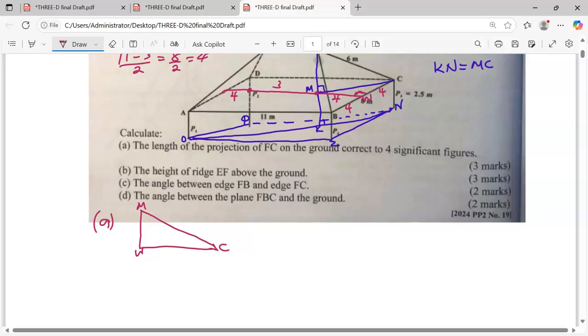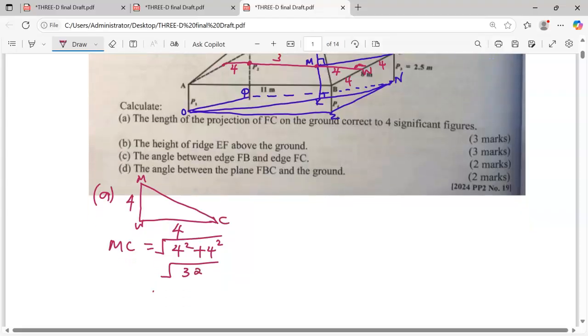Having done that, we are going to have CW as 4 and MW as 4, such that to get MC is going to be equal to the square root of the height squared plus the base squared, giving us a total of 16 plus 16 will give us 32, and the square root of 32 will be equal to 5.6568.